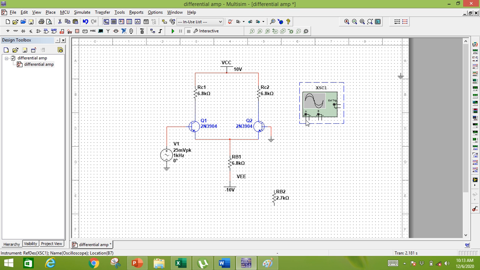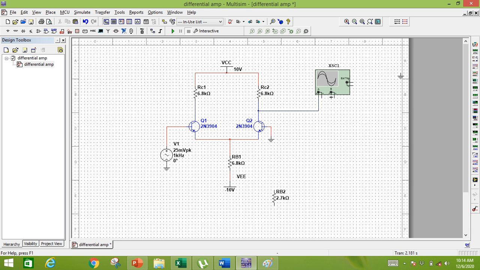So let me use channel A for the output voltage.